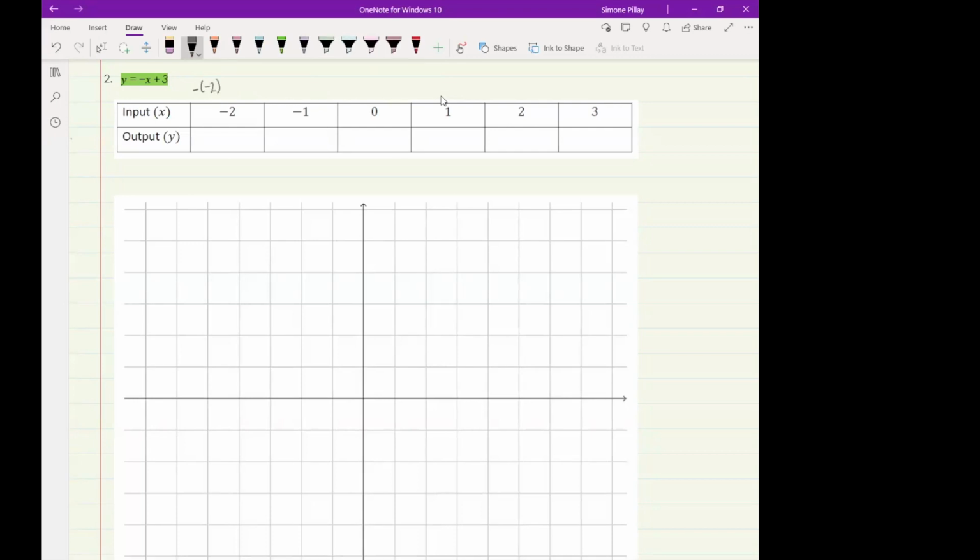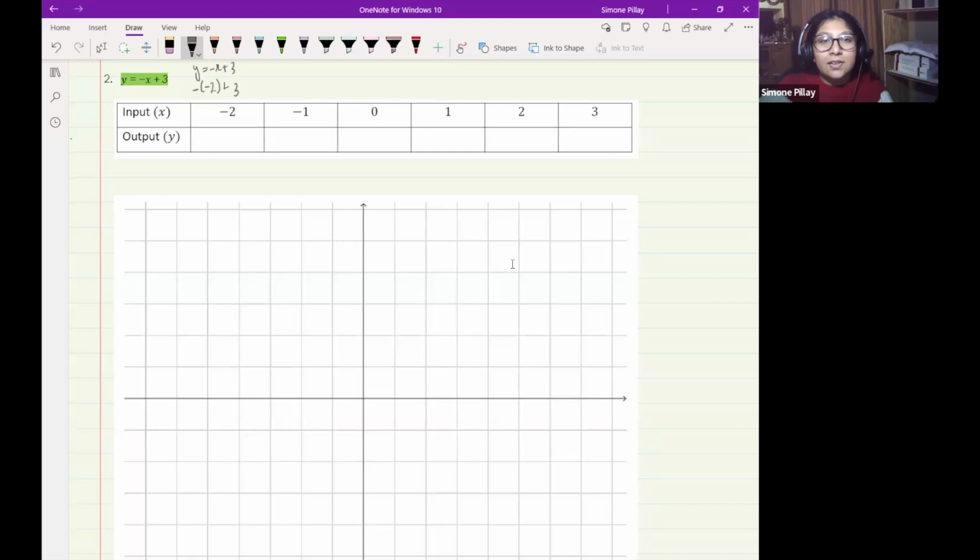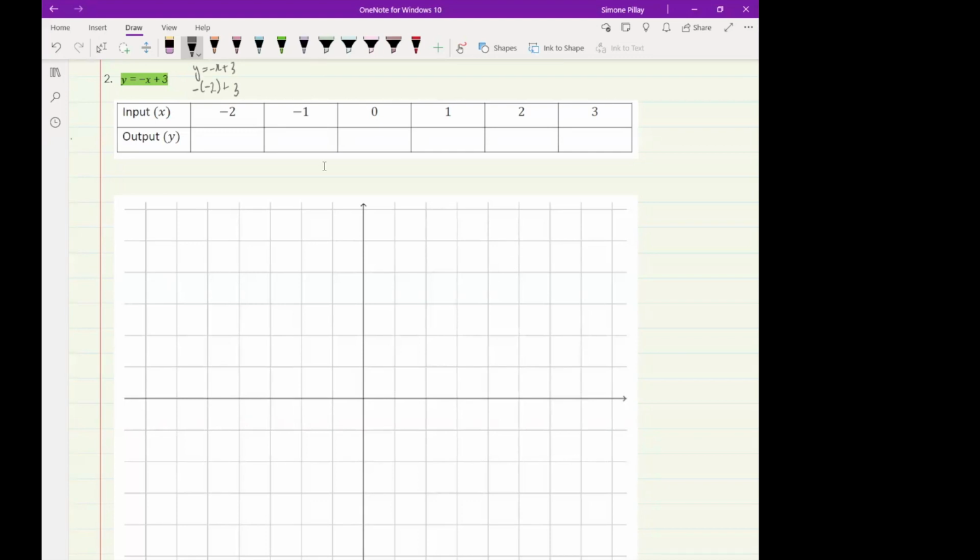So, we write our formula, which is y is equal to negative x plus 3. You're going to say y is equal to negative, substituted negative 2, plus 3, which is y is equal to positive 2 plus 3, which is going to be 5. And then the next one is y is equal to negative x plus 3.